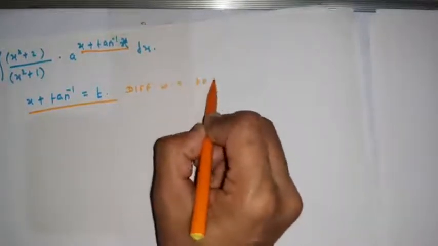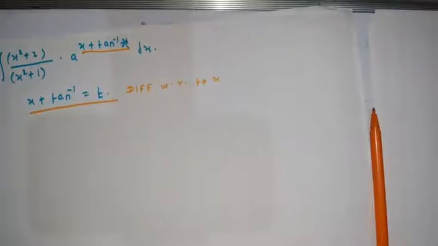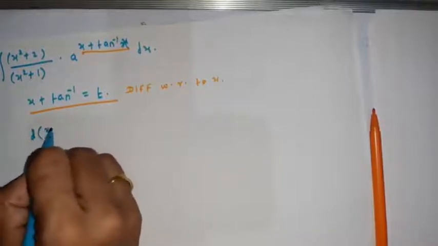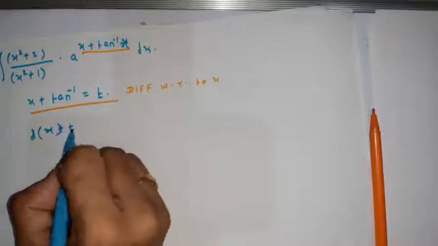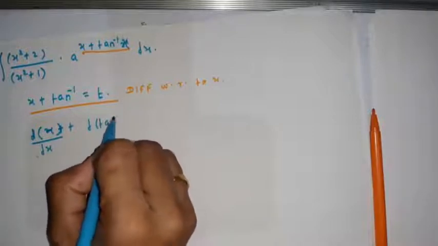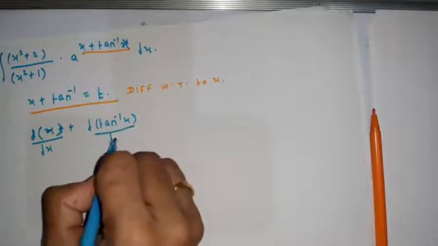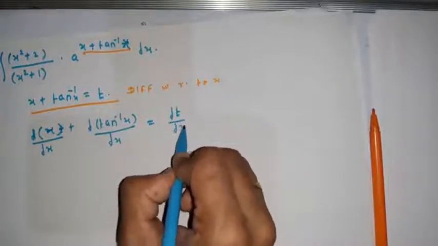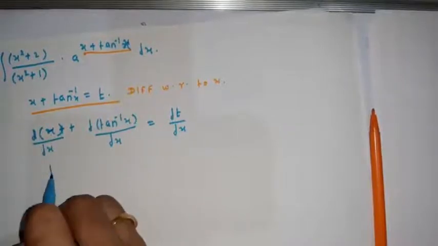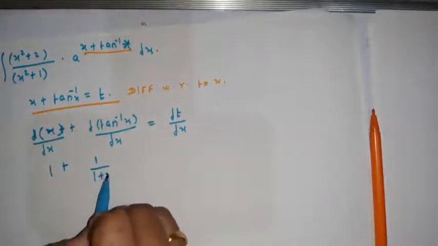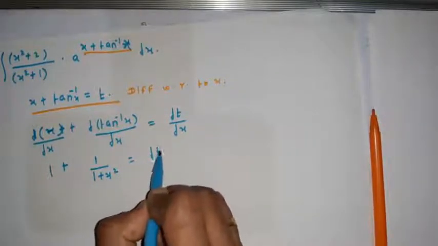We will get the differentiation of x, which is 1, plus the differentiation of tan inverse of x with respect to x, and that is equal to dt by dx. So the differentiation of x with respect to x is 1, plus the differentiation of tan inverse of x, which is 1 upon 1 plus x square, equal to dt by dx.